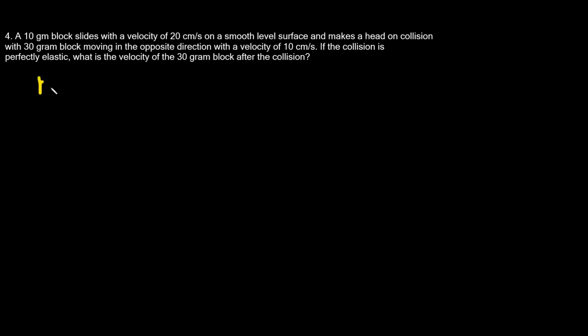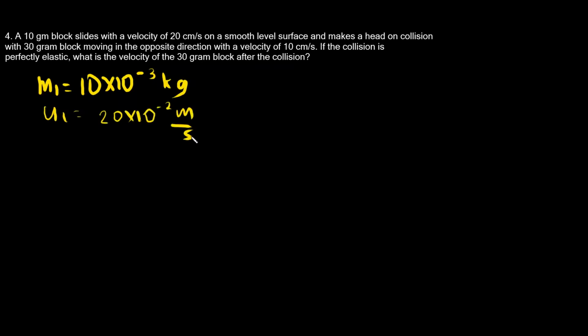Okay, so you have mass 1 is equal to 10 grams, so convert that to kilograms, 10 times 10 raised to negative 3 kilograms. The initial velocity is 20 times 10 raised to negative 2 meters per second. For mass 2, that's 30 times 10 raised to negative 3 kilograms.